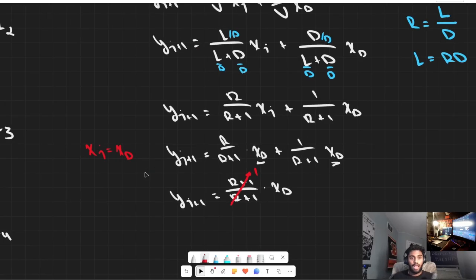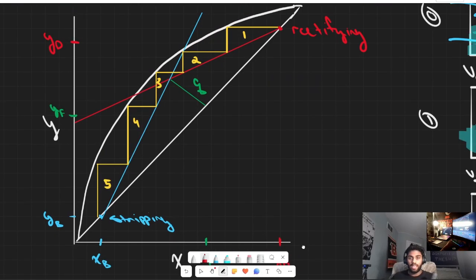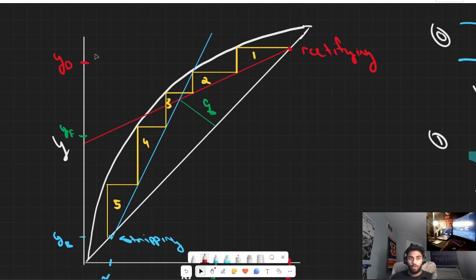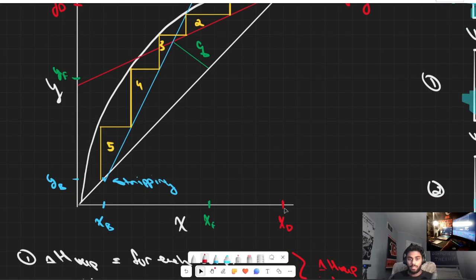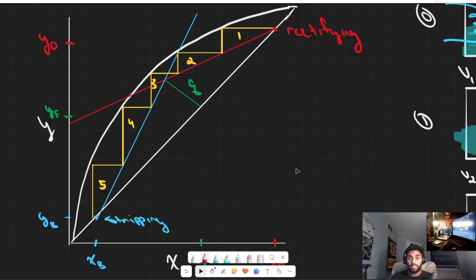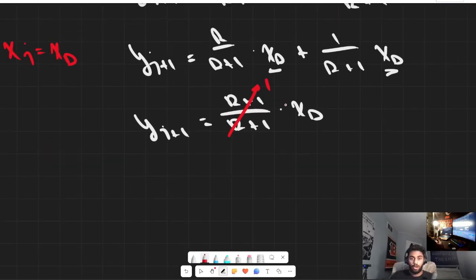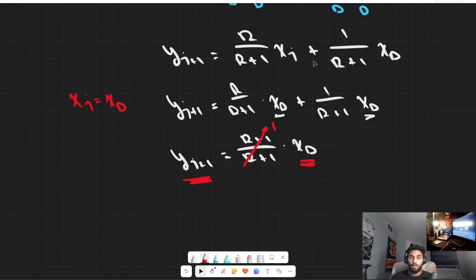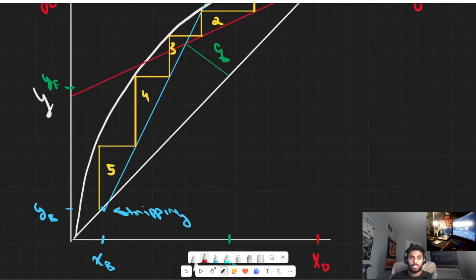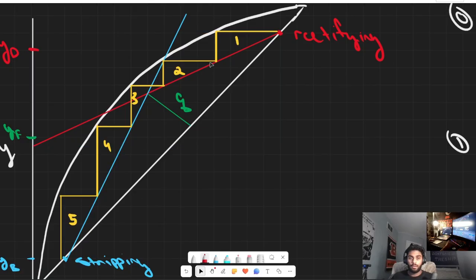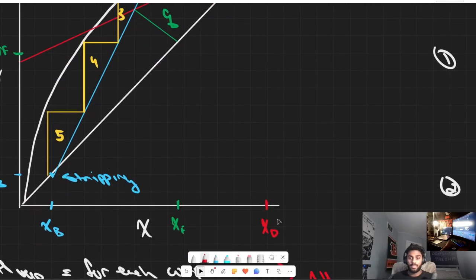So if our xj is equal to xd, then our yd correlates to that xd. And that correlation happens because at this point, our x is equal to our y, which is exactly what we're seeing here. Our x over here is equal to our y over here. So that's kind of an algebraic argument for why at the intersection of the rectifying line on the x equals y line, that is equal to the distillate composition.